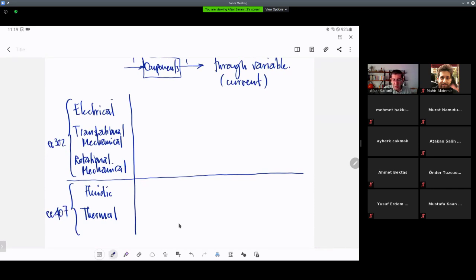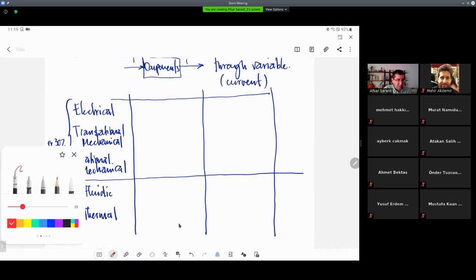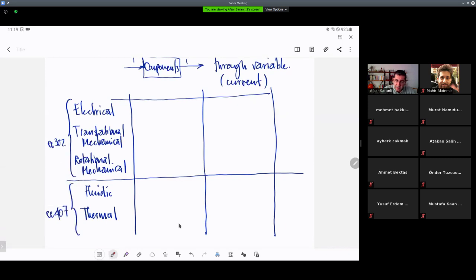And let's also define the two types of variables. We can have a through variable and we can have an across variable, right? In the electrical systems, we have the current indicated by I, and we have the voltage difference indicated by V. Now, when you go to translational mechanical systems, it becomes more interesting.